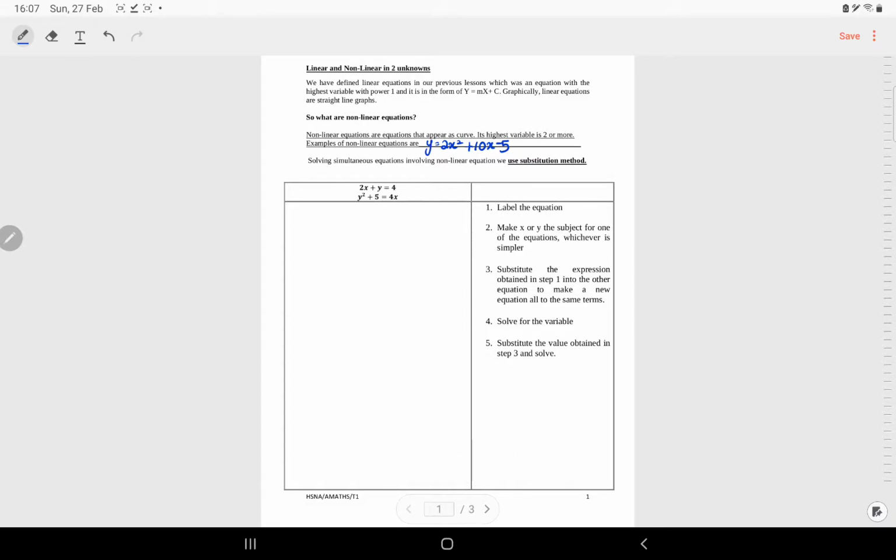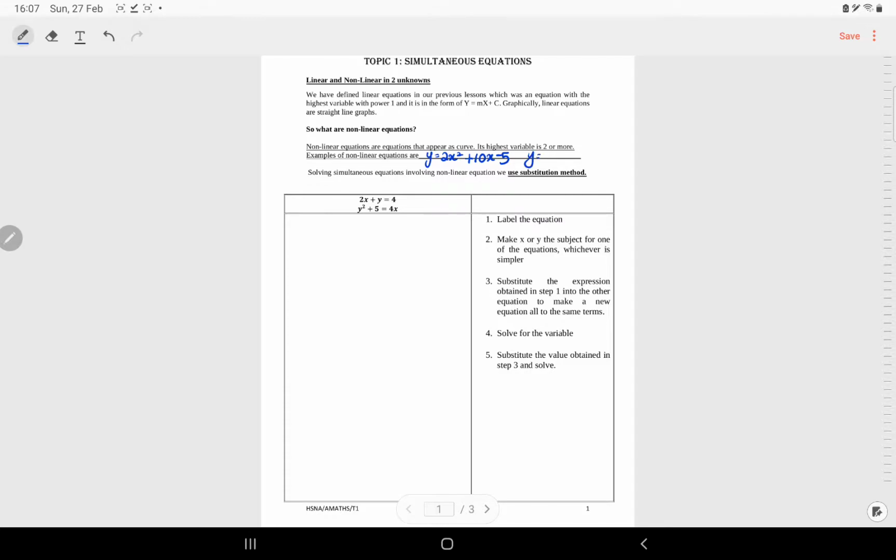We can also have, for example, y equals x cubed minus 1. X cubed has the highest power of 3, and the graph of x cubed will be something like that. It is a curve, not a straight line.